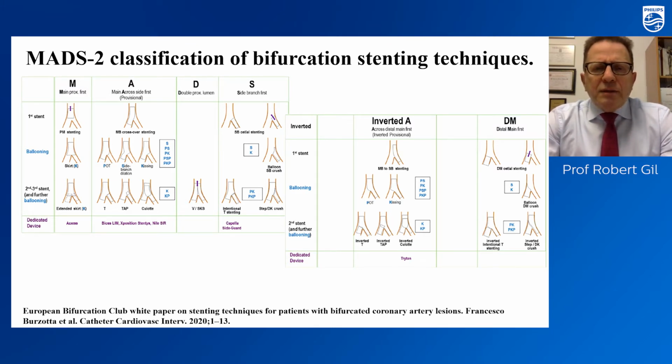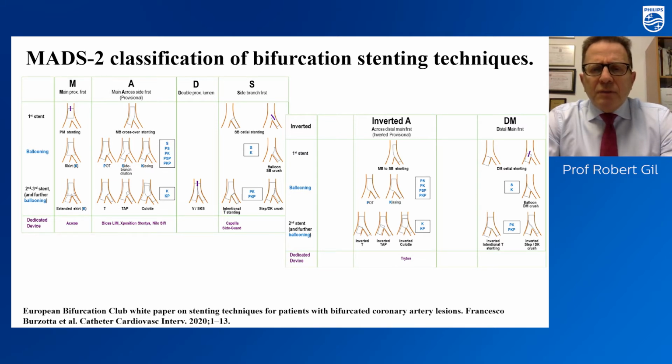And then here you can appreciate a relatively fresh proposal of the MADS2 classification prepared by people of the European Bifurcation Club, showing which techniques should be used and the following steps for all of the techniques you can appreciate here.